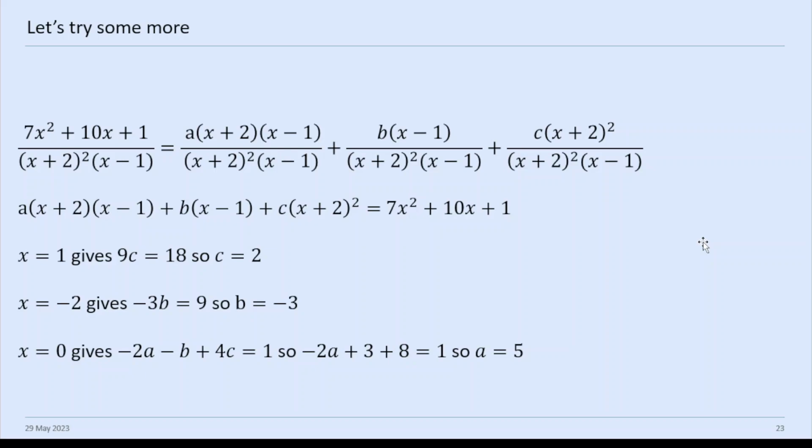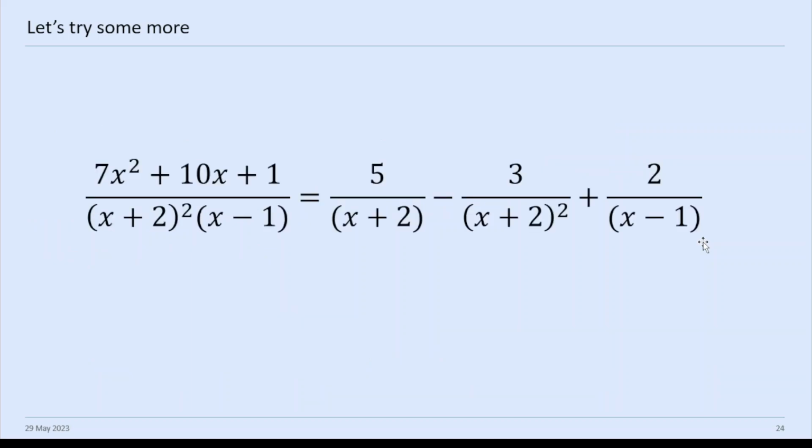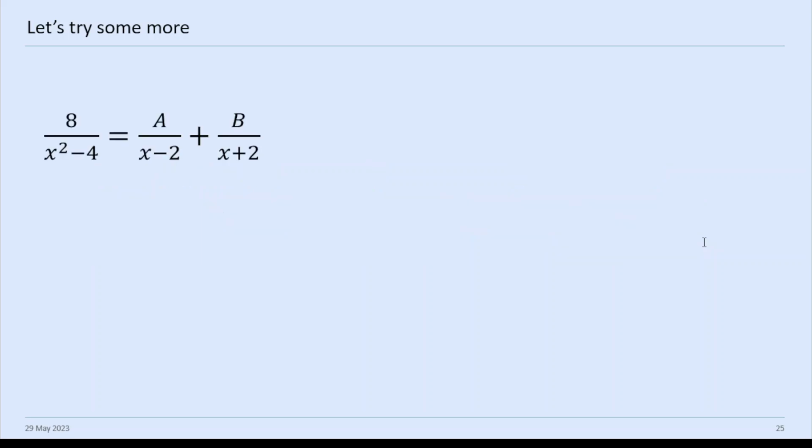We know that b equals minus 3. We can substitute those things in, and that's going to tell us that a equals 5, which is all pretty. So then it can be resolved this way: 7x squared plus 10x plus 1 over that equals 5 over x plus 2 minus 3 over (x plus 2) squared plus 2 over x minus 1.